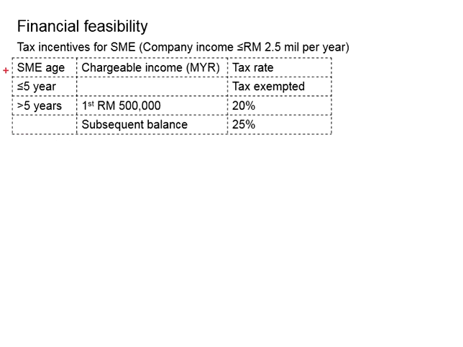For a company less than 5 years old, there will be tax exemptions. As for a company more than 5 years old, there will be a tax rate of 20% for the first 500,000 and 25% for the subsequent.